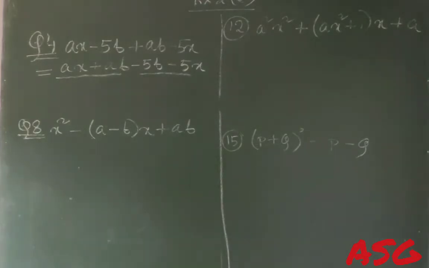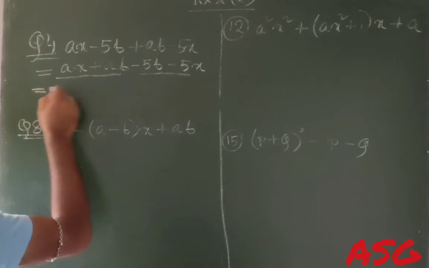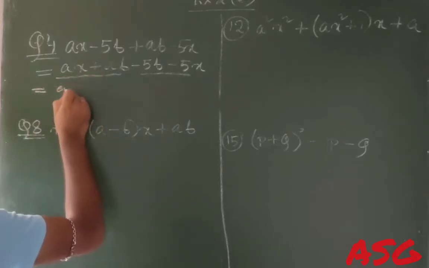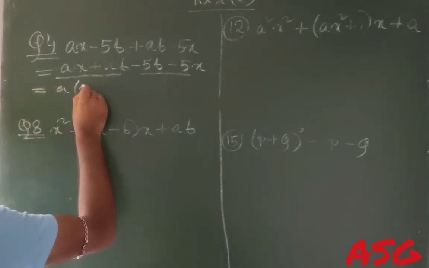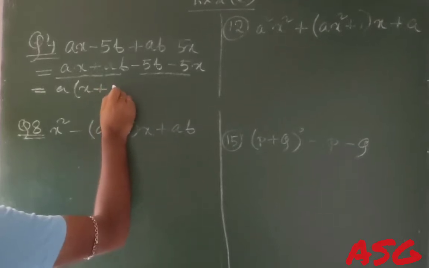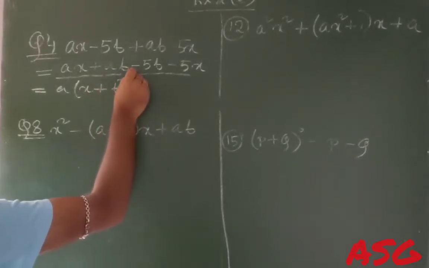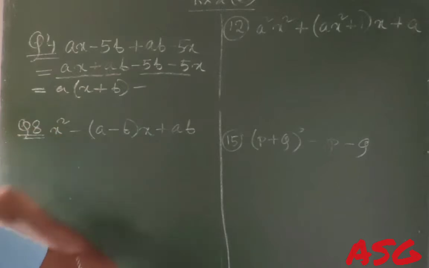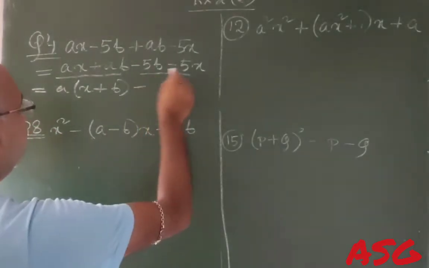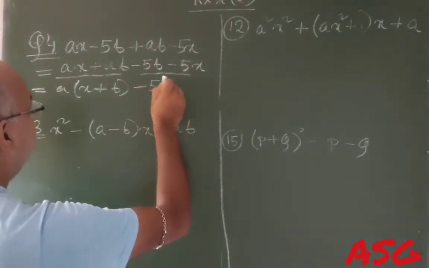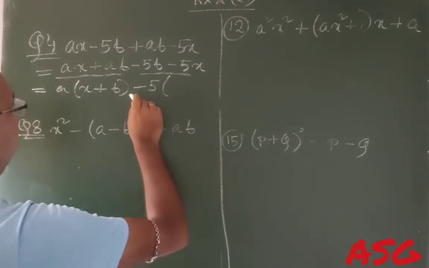Now what is common here is, you can see, a is common. What is left out is x plus b. If minus, we'll put minus; if plus, we'll put plus. What is common here is 5. So what is coming?